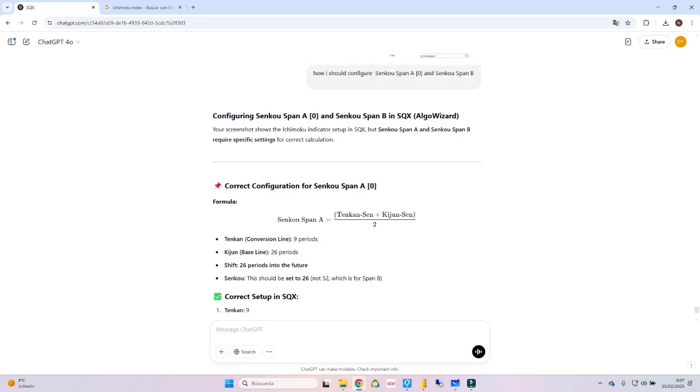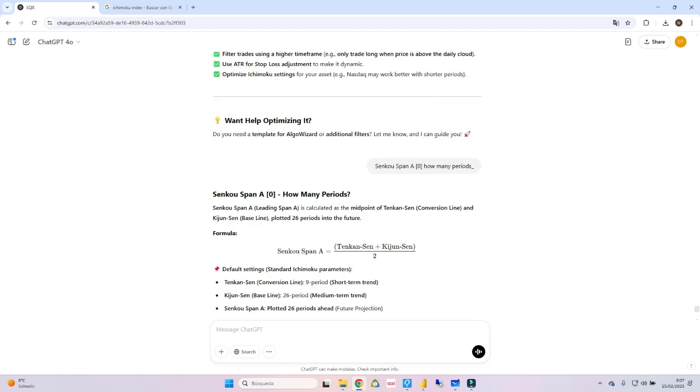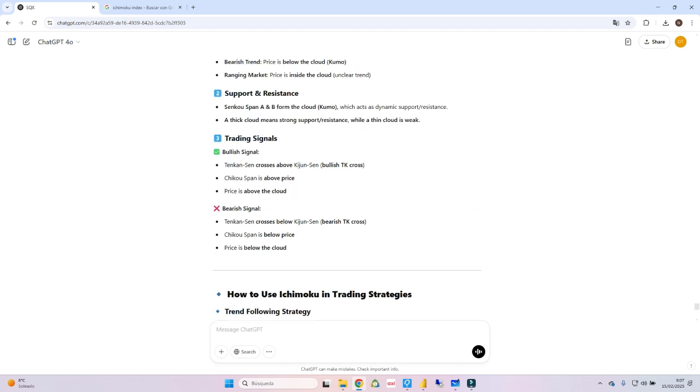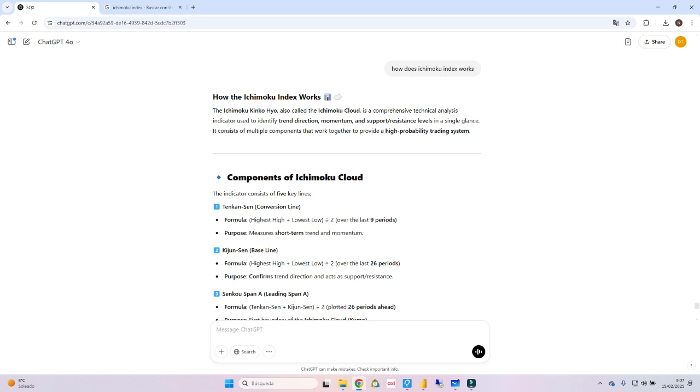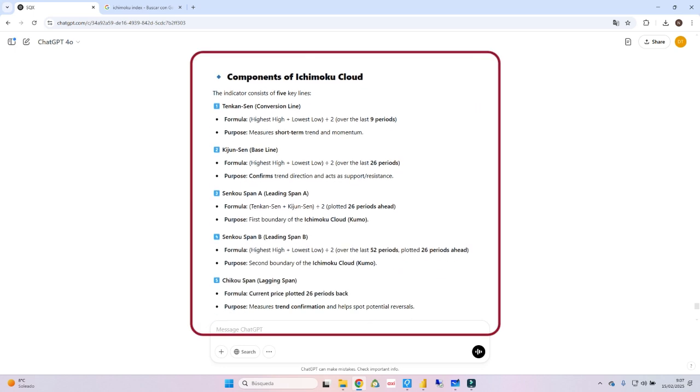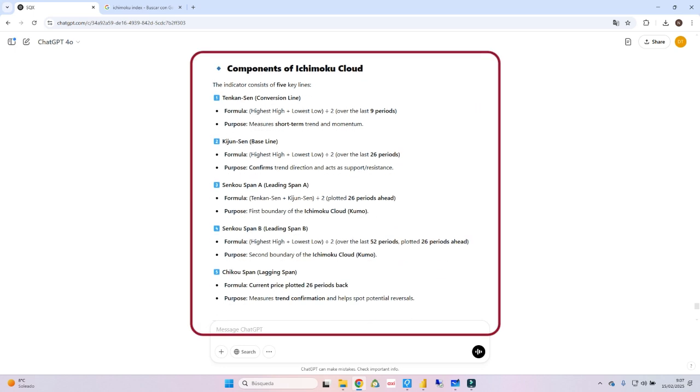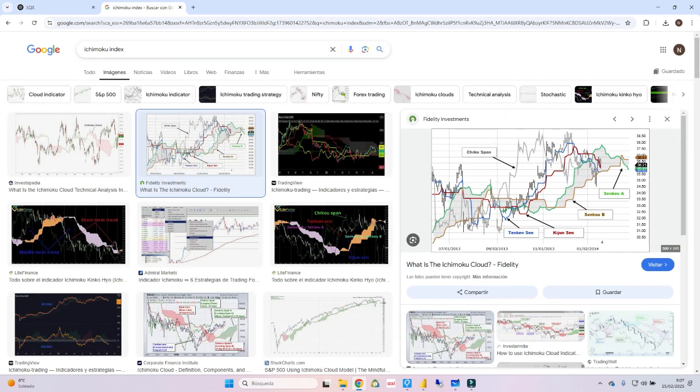My first question was how does the Ichimoku indicator work? It explains these 5 components, the 5 bands that you see here.